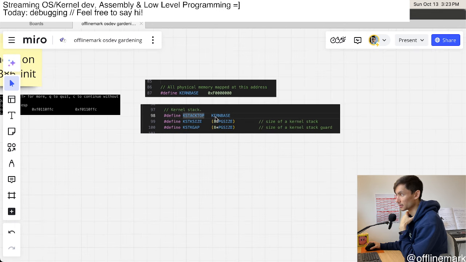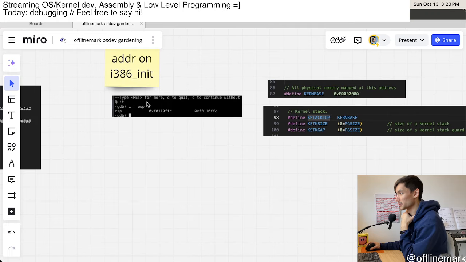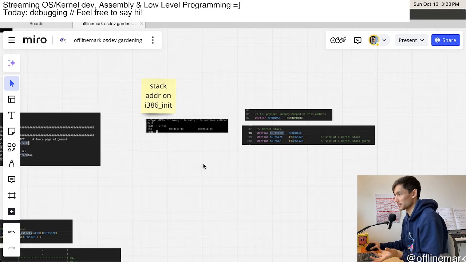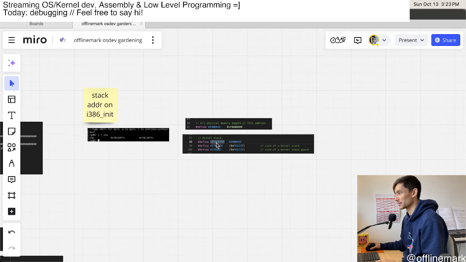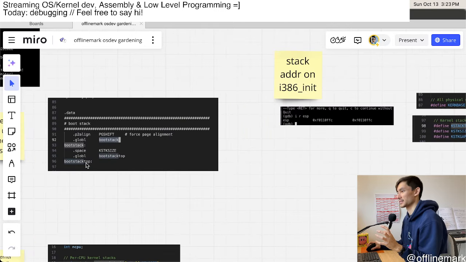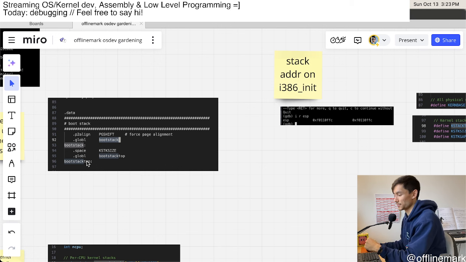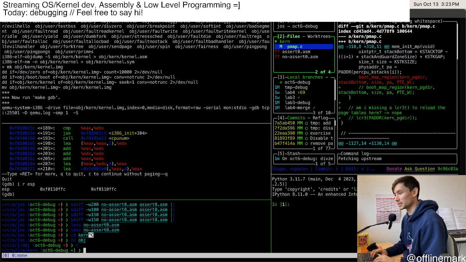Okay, right. So what we're seeing here is that we are not running in this K stack region, which makes sense, because all we did is load the boot stack top symbol into ESP. Maybe what we were seeing there was very weird.